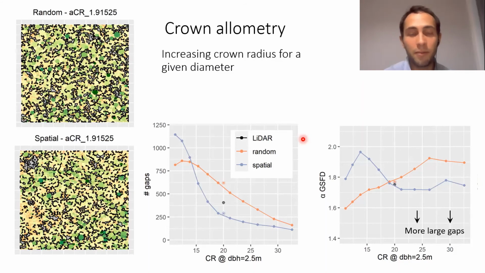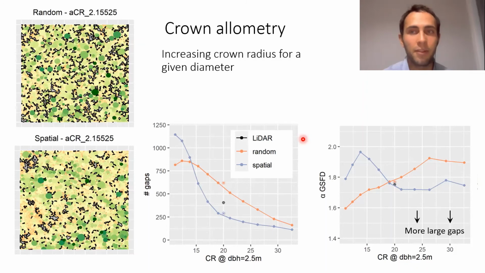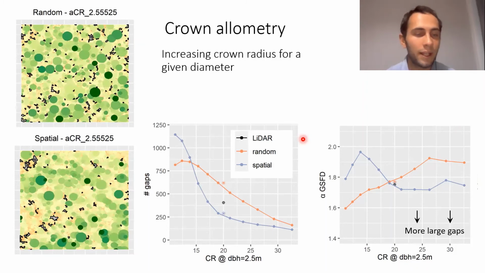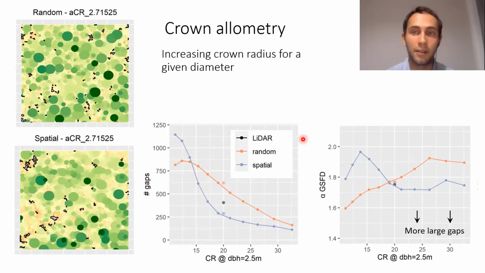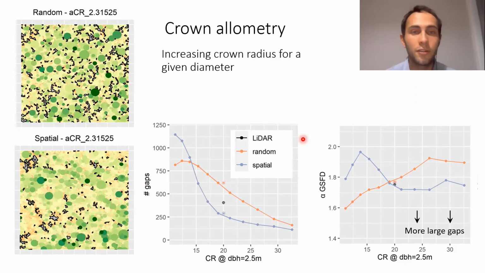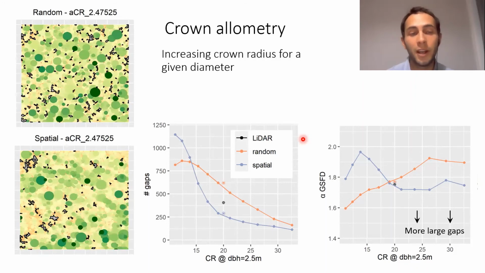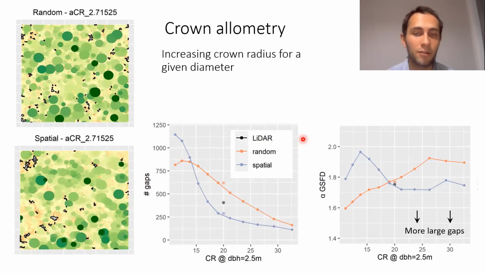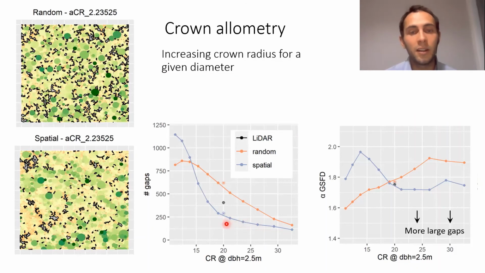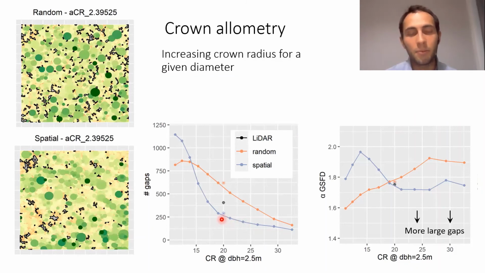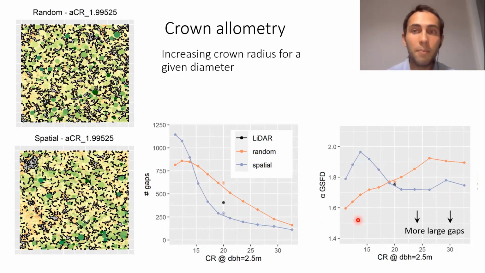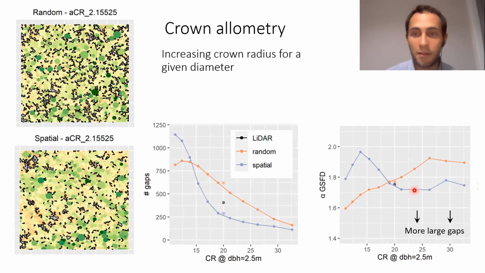And then you have areas with low canopy height where there are already gaps. And so where the trees are filling space quite efficiently, this increase in crown radius just causes them to grow into each other. And so they don't really change the gaps very much. So this is why we don't see much change in alpha and why we see a less steep slope over here. And then the same logic explains what happens in the reverse.